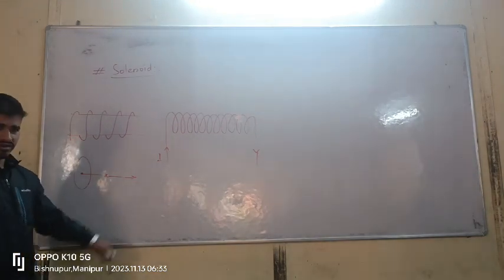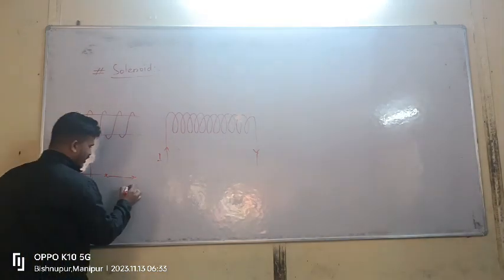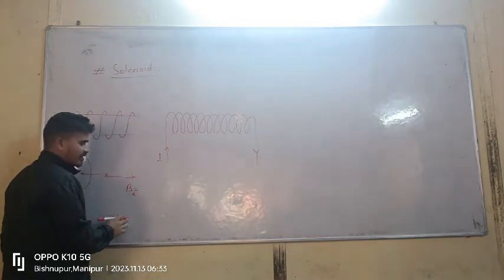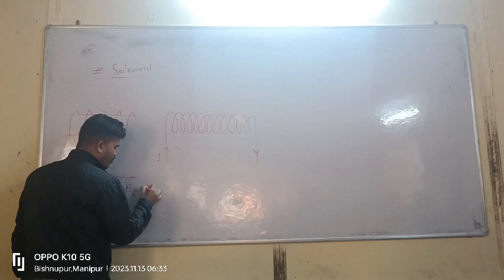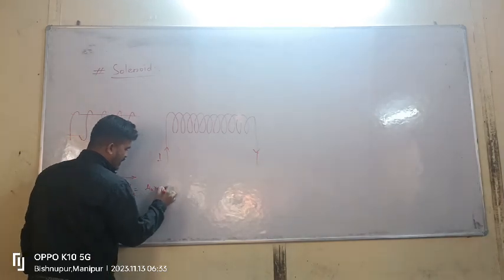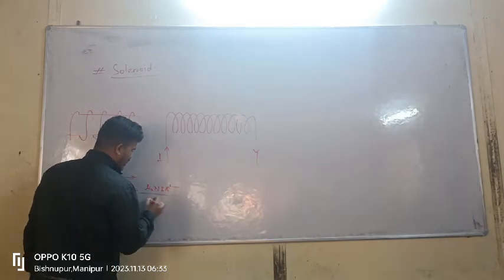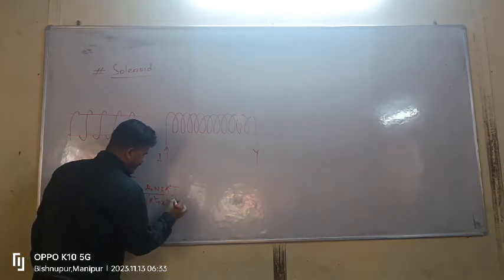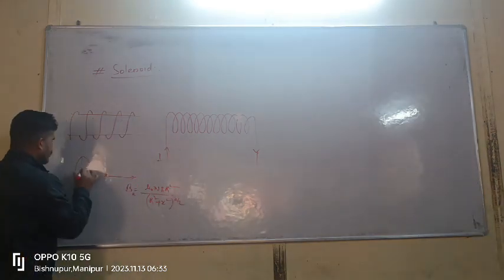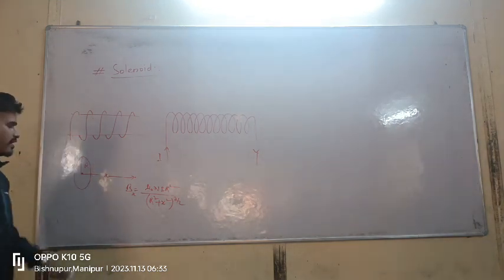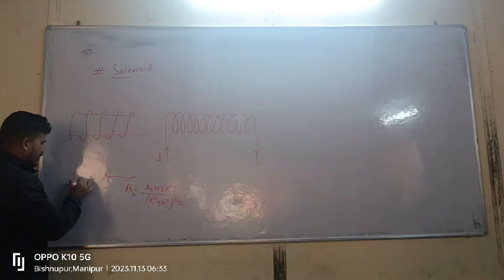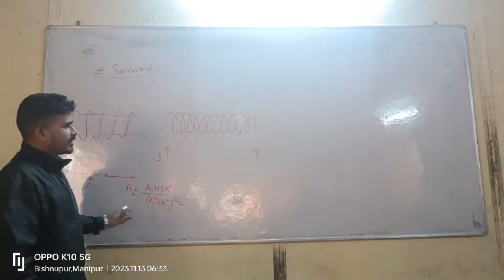What was this magnetic field? Mu naught N I r square upon r square plus x square power 3 by 2, if the radius of this current bearing ring is r. Clear?